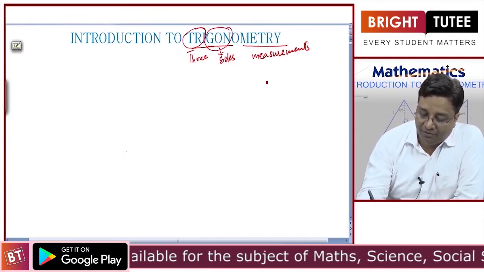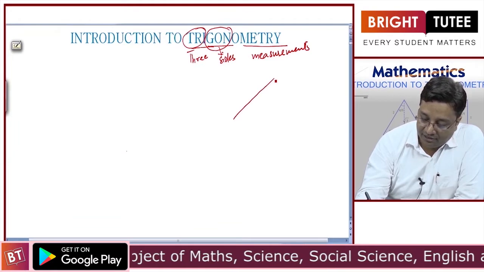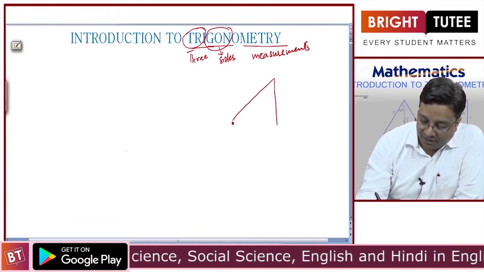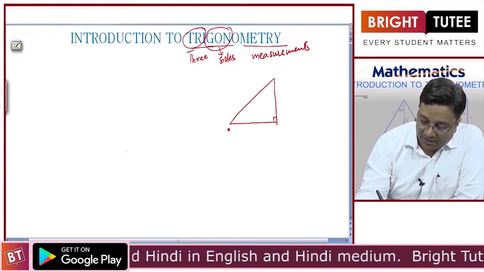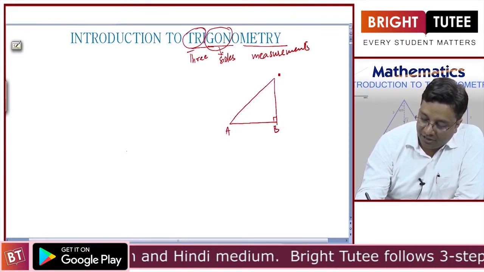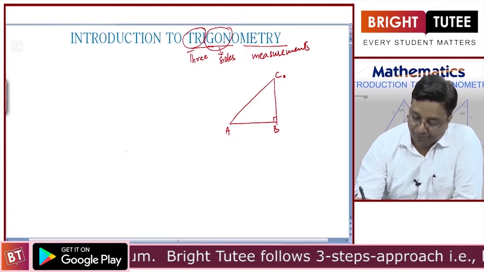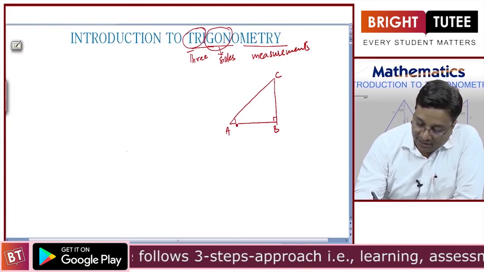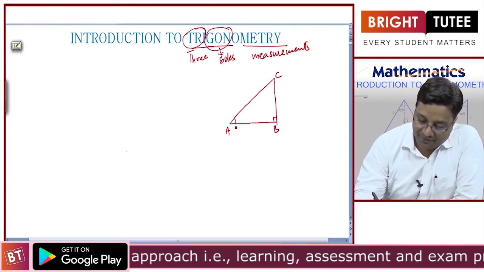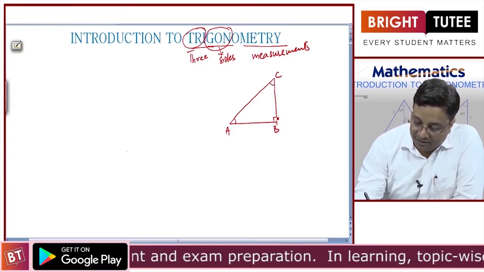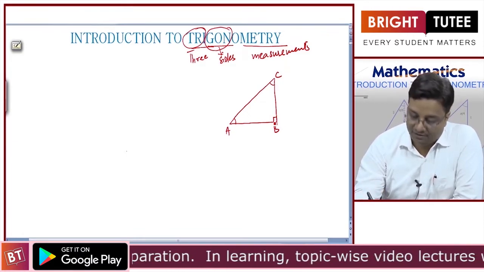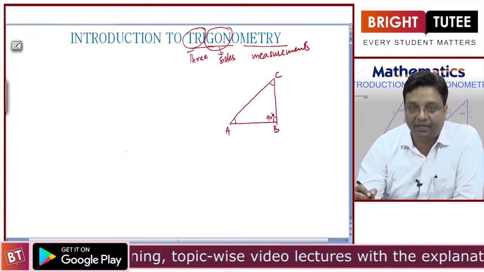right? And we will basically deal with right angle triangles in class 10th. Let us say this is the right angle triangle here, and let's name these points as A, B and C. So this angle is known as angle A, right? This is angle C and this is angle B, and this is the right angle, 90 degrees, angle B is 90 degrees.